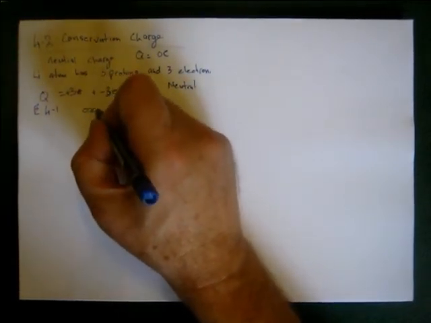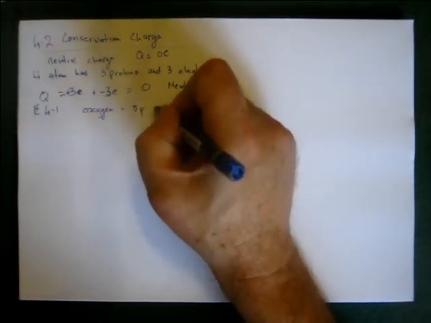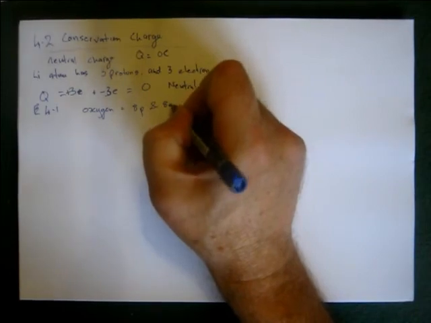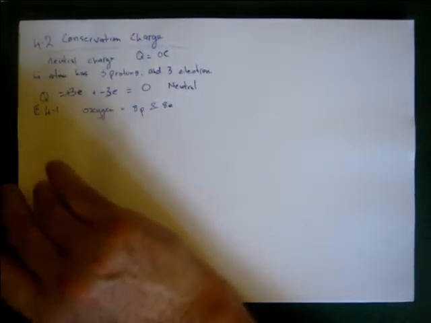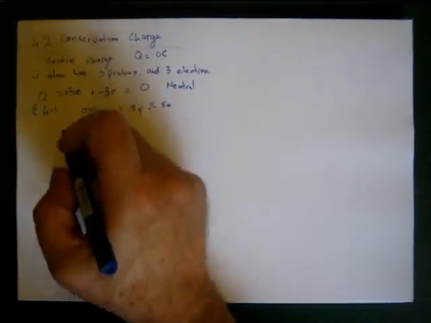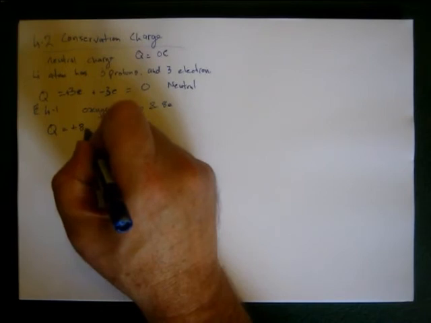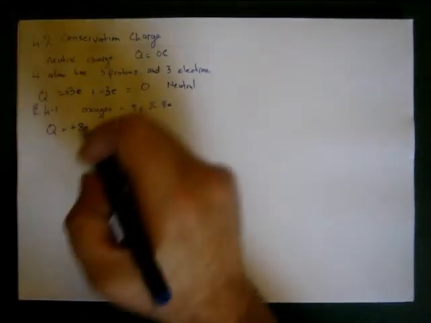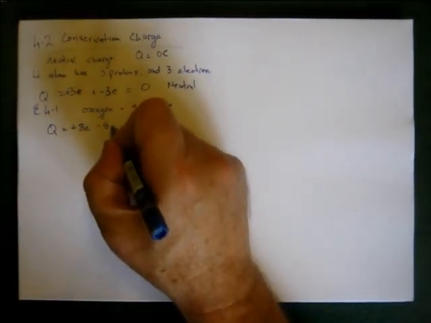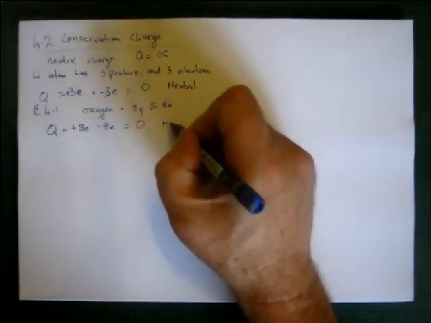Oxygen equals 8 protons and 8 electrons. Now, what's the charge there? So Q equals plus 8 elementary charge minus 8 elementary charge equals 0, so neutral.